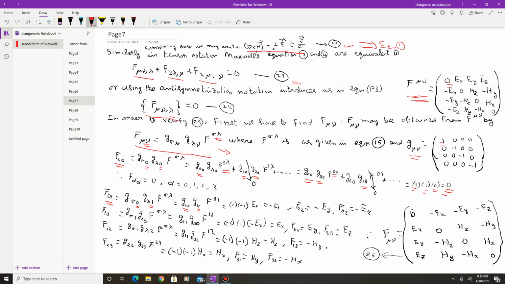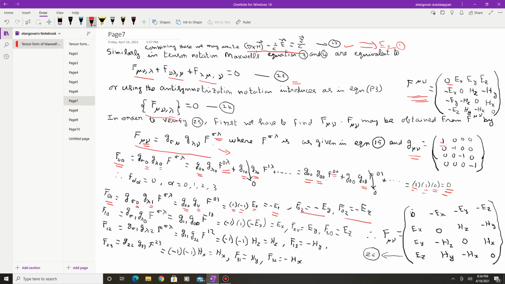Just for explanation I gave all the terms in the previous expression. Now in order to calculate f 0 1, let us write down the non-vanishing elements alone. So g 0 0 is plus 1, g 1 1 is minus 1, and f 0 1. From the matrix you can easily see this is Ex. So once we multiply with minus 1, f 0 1 is this value. Similarly, you can calculate f 0 2 is minus Ey, f 0 3 is minus Ez.